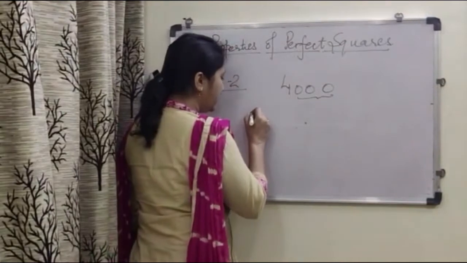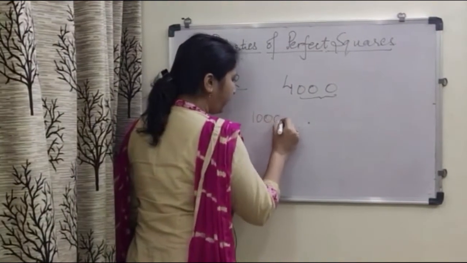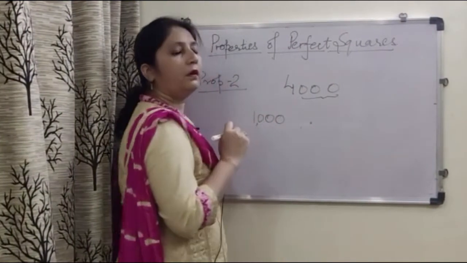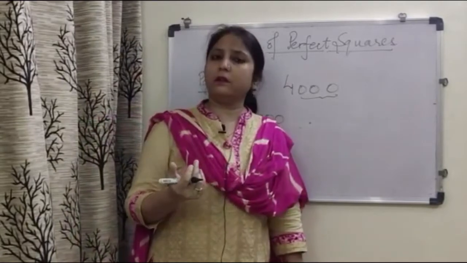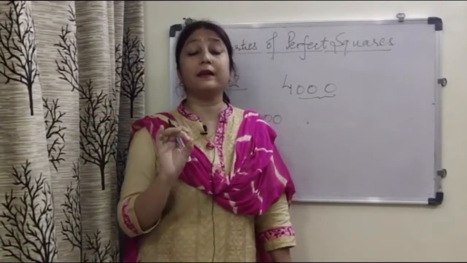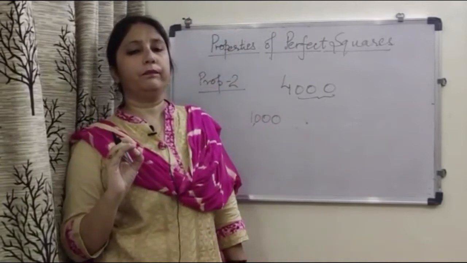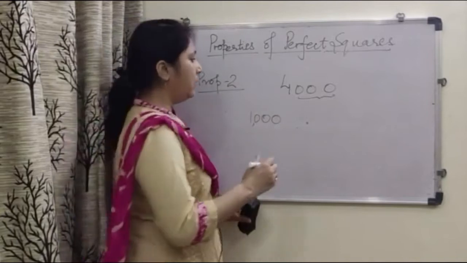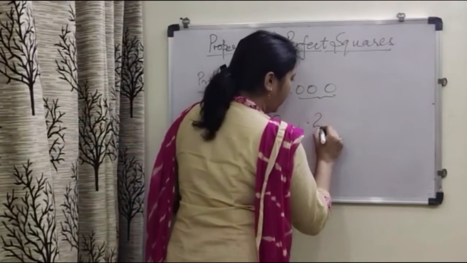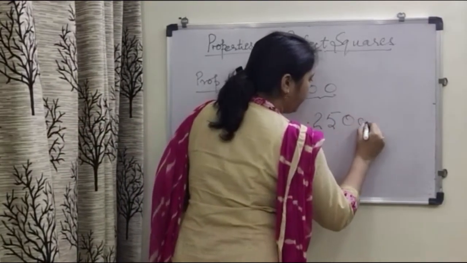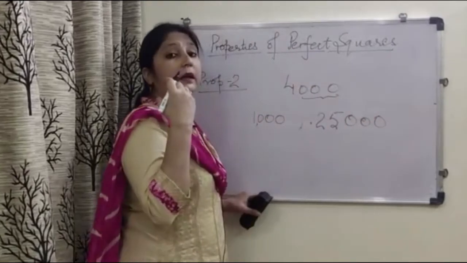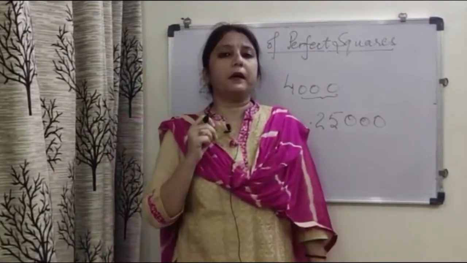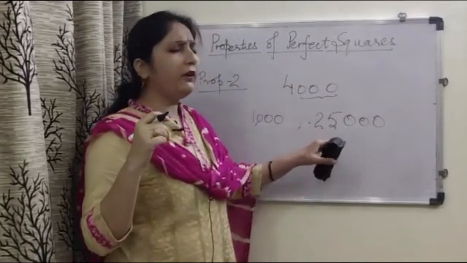You can take another example of 1,000. We can say 1 is the square of 1, but as it has 3 zeros, it is not a perfect square. Another number you can take is 25,000. Again, there will be a spark in your mind: no, 25 is a perfect square.